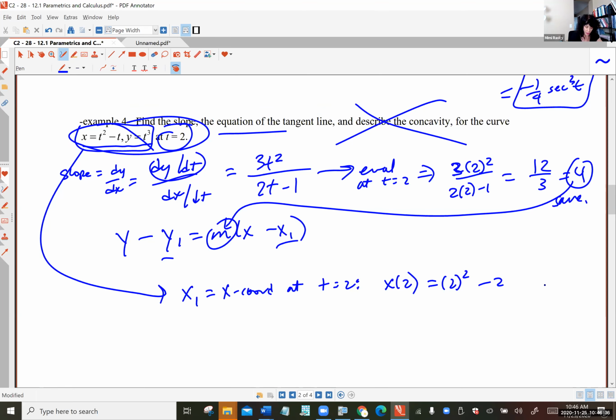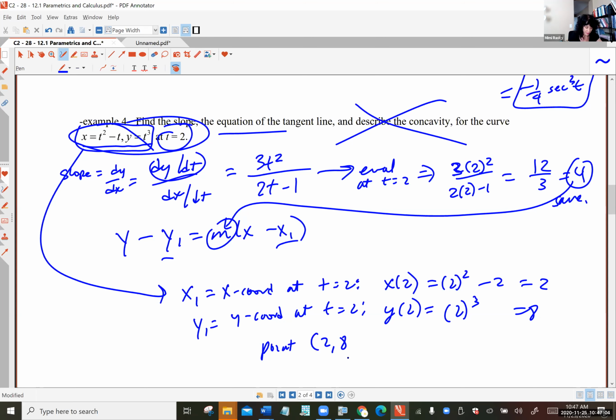So that's 2 squared minus 2, which gives me 2. And then the y coordinate, which is going to be the y1 in our line equation, is found by just substituting the time into the y parametric equation, and that's t cubed. So that's going to be 2 cubed, which is 8. So the point that we're trying to get the tangent line to is the point (2, 8).